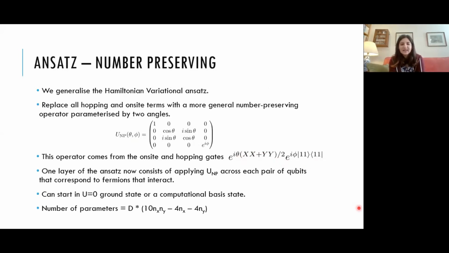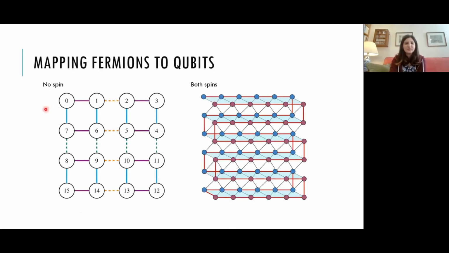For one layer of the ansatz, we now apply UNP across each pair of qubits that correspond to fermions that interact. So before we were evolving according to these terms, now we just apply arbitrary number preserving unitaries everywhere that we have a connection.